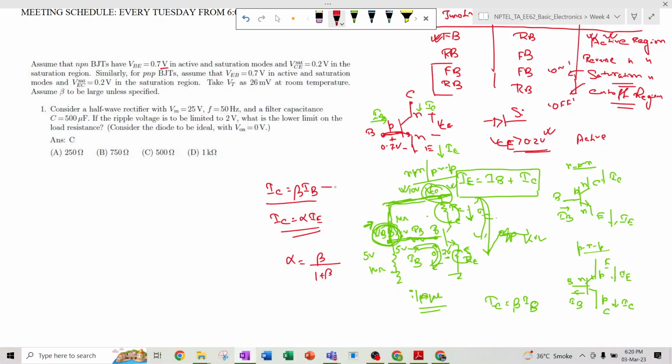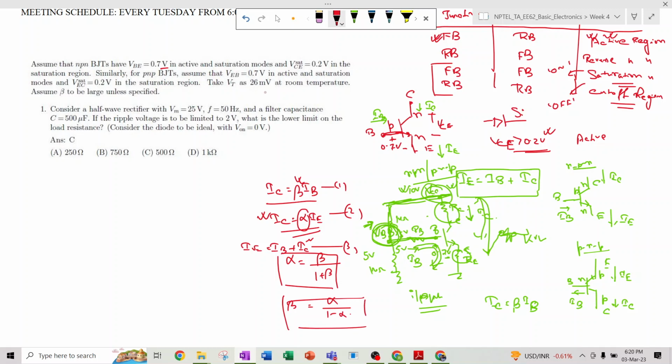This is equation number one, this is equation number two, and as I have already discussed, IE is nothing but IB plus IC. This is equation number three. If you put this IC value here, and also this value here, we can easily find out the relation between alpha and beta, and it turns out to be alpha is equal to beta divided by 1 plus beta, and beta is nothing but alpha divided by 1 minus alpha. So that is the thing.